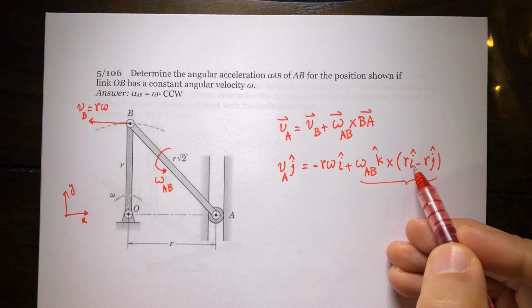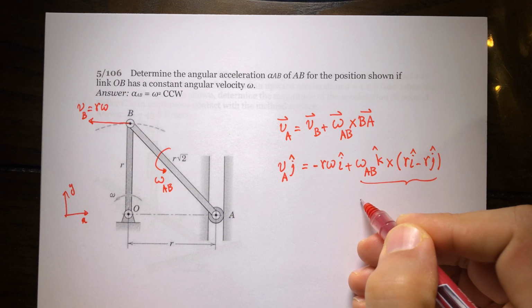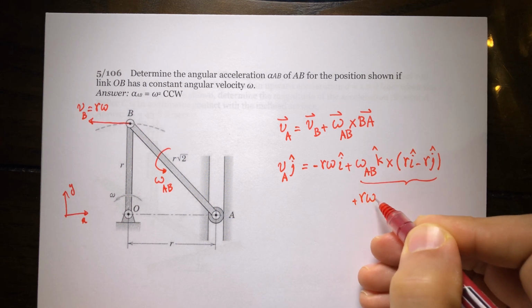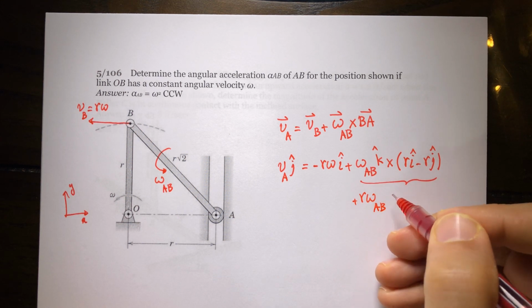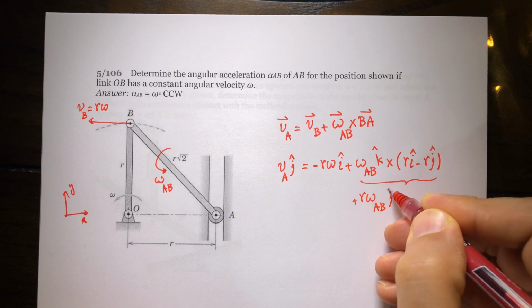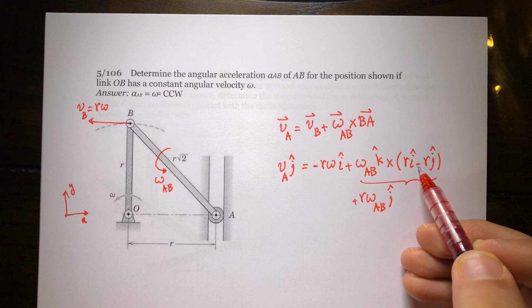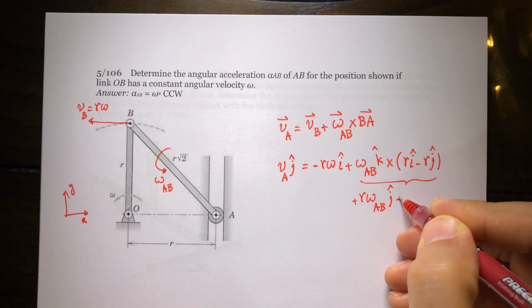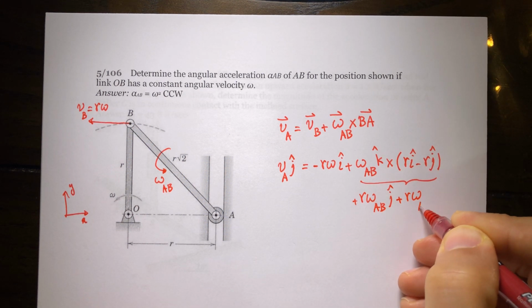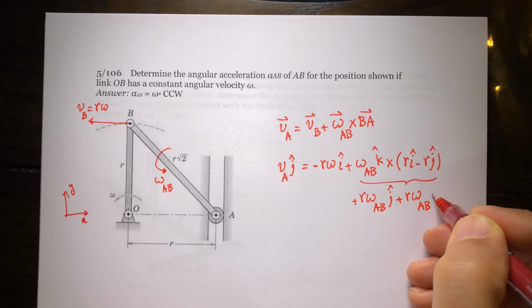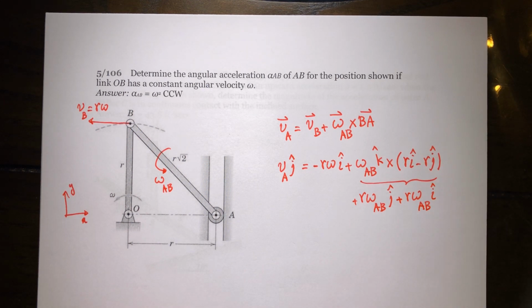K cross I is J, so I'm going to have r omega AB in the J direction. K cross J is negative I. We have another negative here. So plus r times omega AB times I hat.